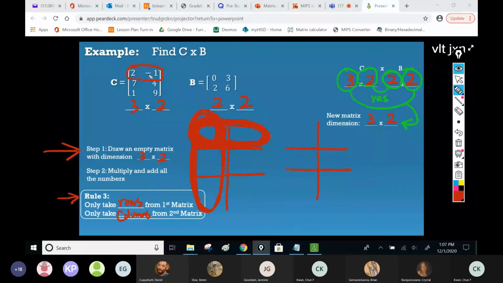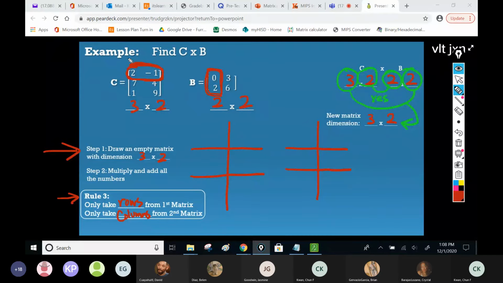I will take the first row, and then first column, and I will take the first column from the second matrix. Second matrix, we only take columns. We will get this number by using the first row of the first matrix and the first column of the second matrix.